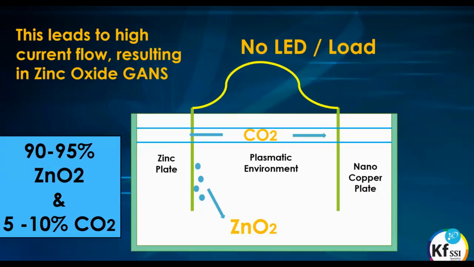And so essentially what they're creating is 90%, 95% of zinc oxide and very little of the CO2. There's nothing wrong with that because zinc has its uses, but it's just a case of one needs to know what you are wanting to produce and what you are creating. So it's very important to understand how you set your box up.